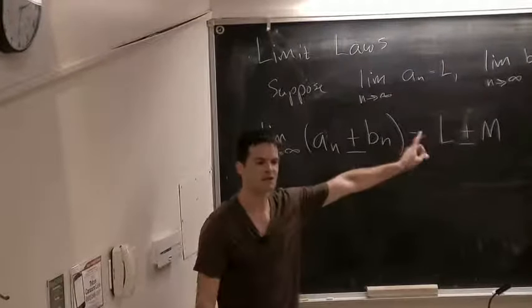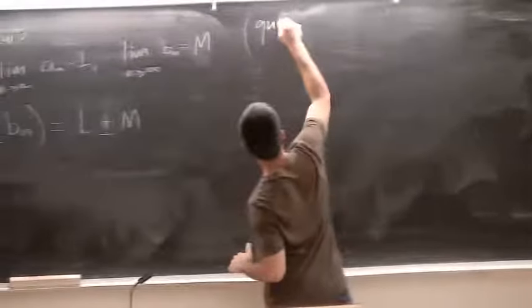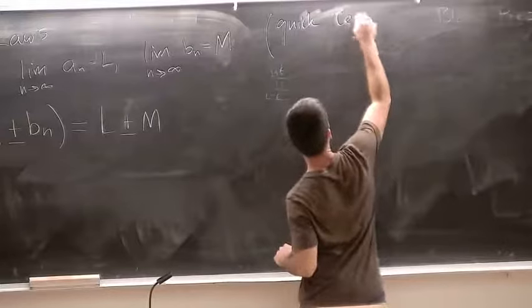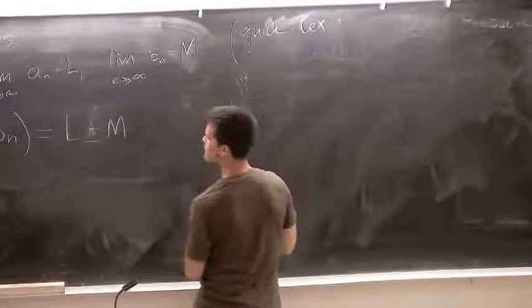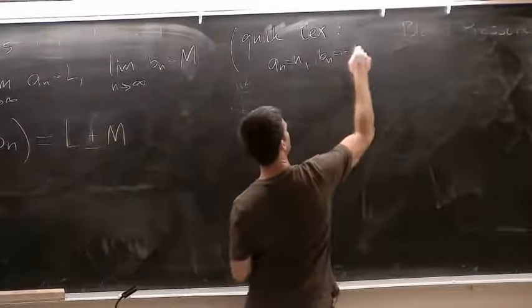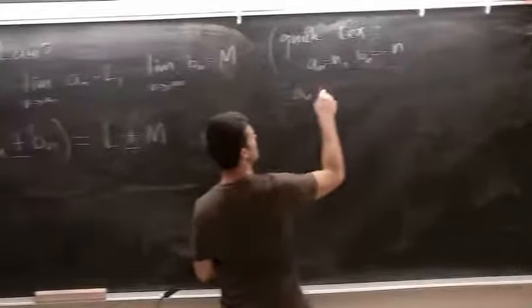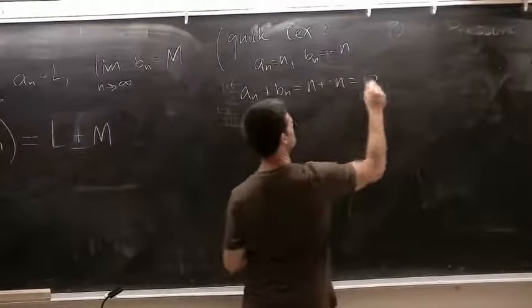Let me just point out that it's crucial that both of these limits exist. For a quick counterexample, what if a_n equals n and b_n equals negative n? Then a_n plus b_n is n plus negative n, which is 0.